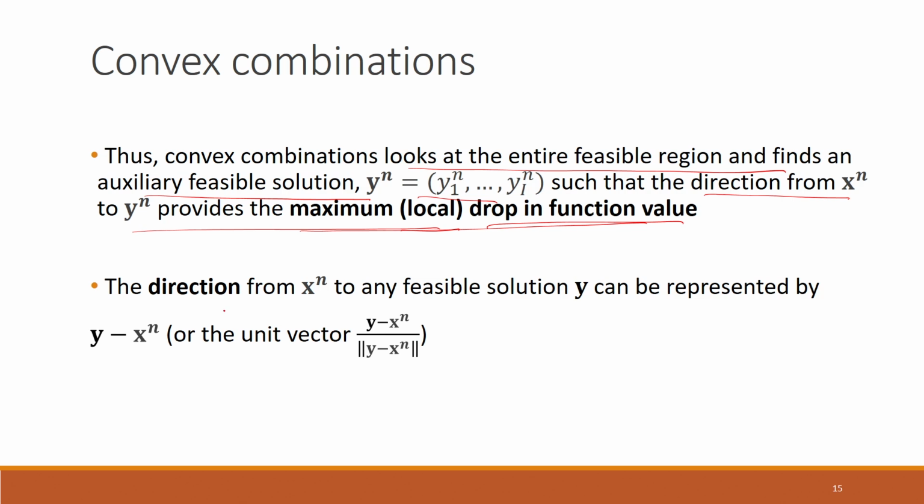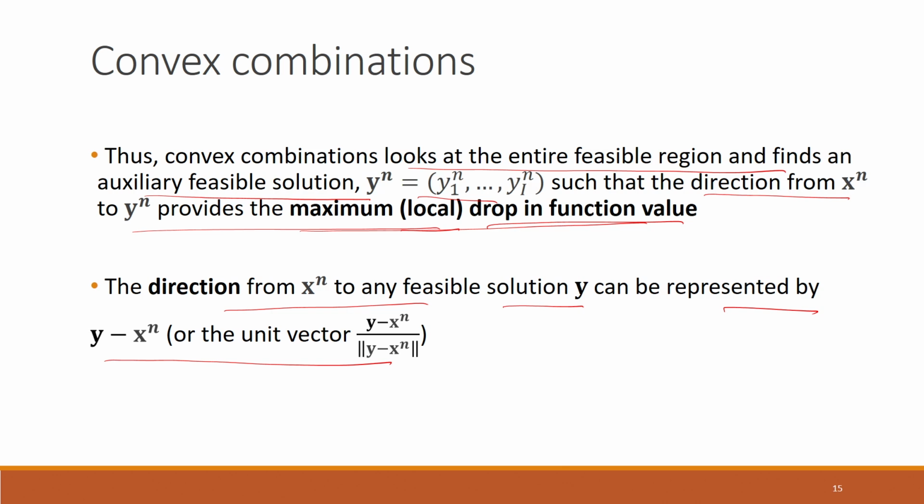The direction from xn to any feasible solution y can be represented by y minus xn. We want to determine this direction dn. If you recall, when we are trying to find the new point xn plus 1, that is equal to xn plus alpha n times dn.